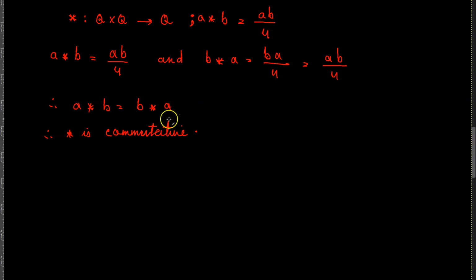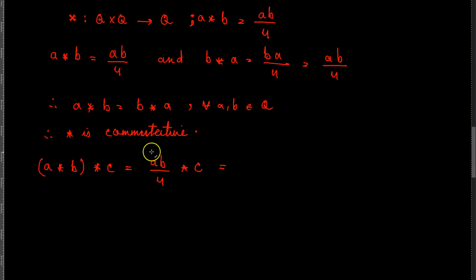Now about star being associative, you know that A star B star C, that is of course for every A and B belonging to the set of rational numbers. Now A star B star C is equal to A times B divided by 4 star C. Now you have the first and the second number multiplied together and then divided by 4.